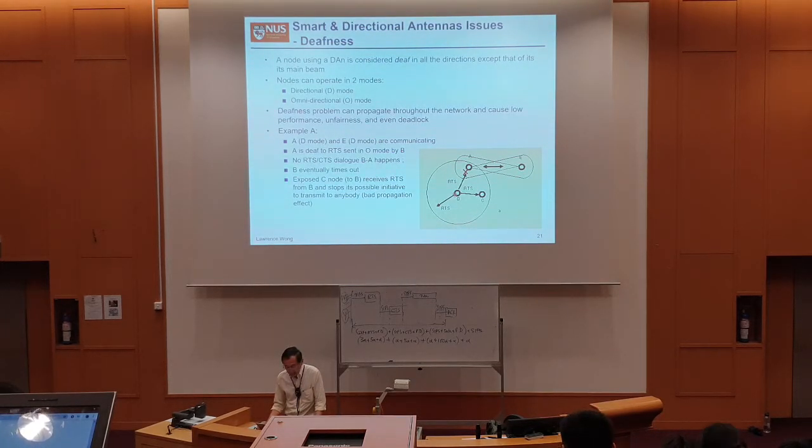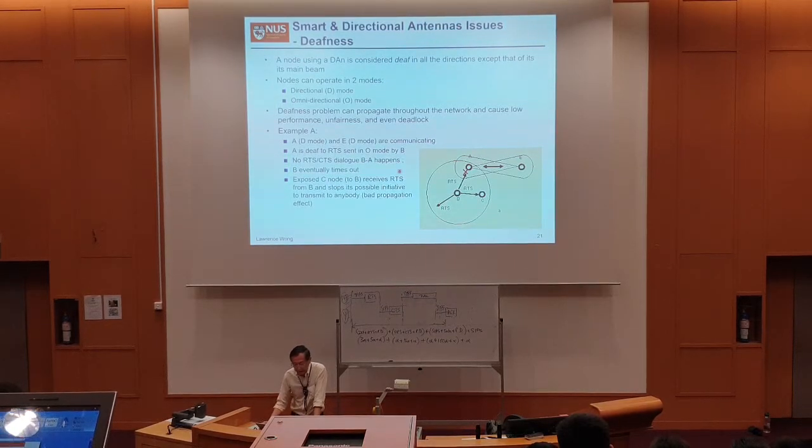This node wants to send data, so he sends an RTS. But this is B now. He initiates an RTS which he intends to go to C. However, because A's beam is not looking in this direction, this RTS packet transmission is blind to A because his beam is facing a different direction.